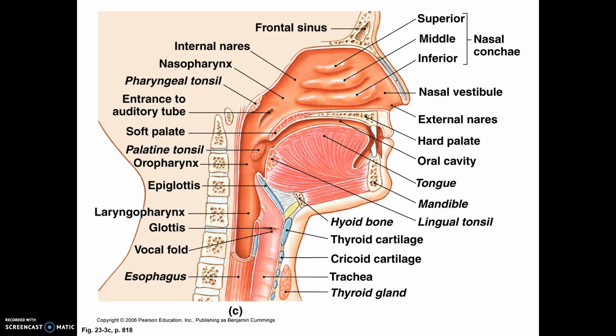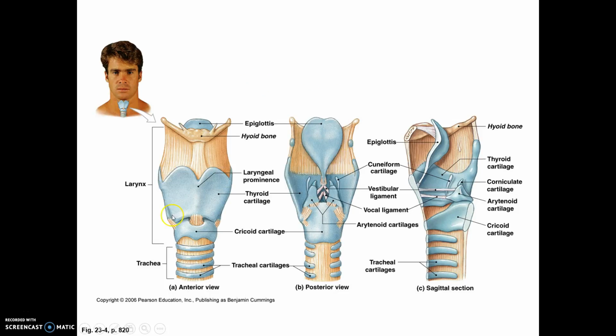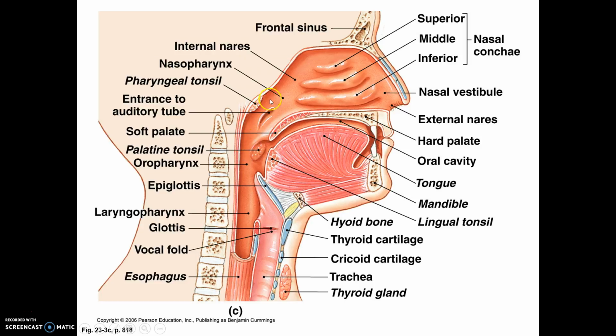Okay, so looking at the larynx, which is a little different from the pharynx, the throat area, the muscular tube from the nose and mouth and in front of the larynx. The larynx itself is what some people might call their voice box, or Adam's apple, maybe even.